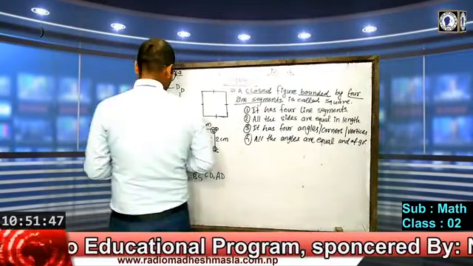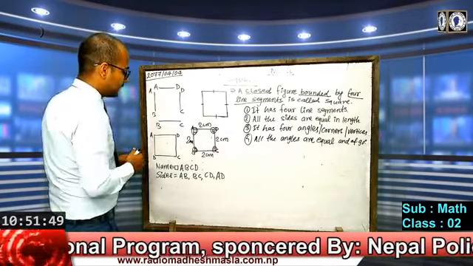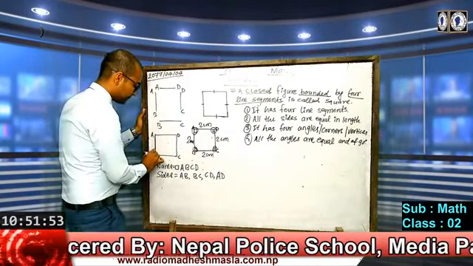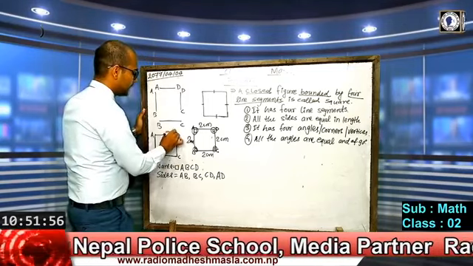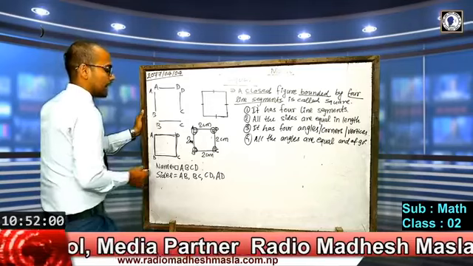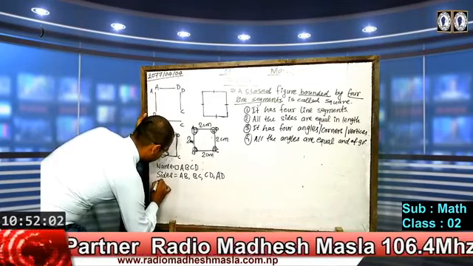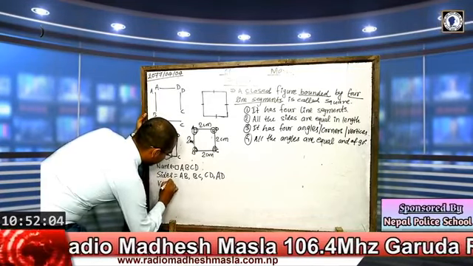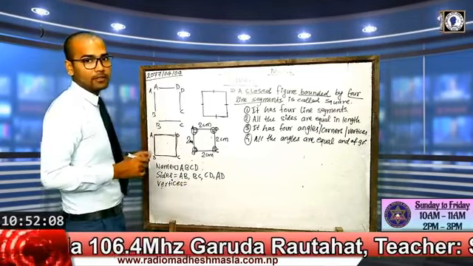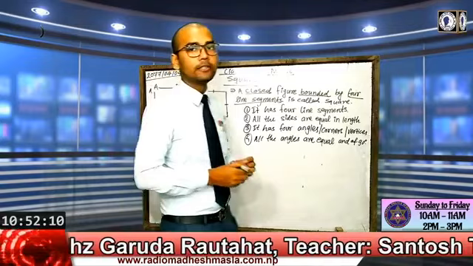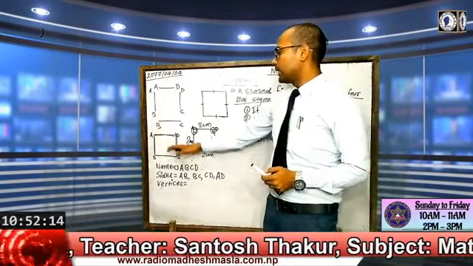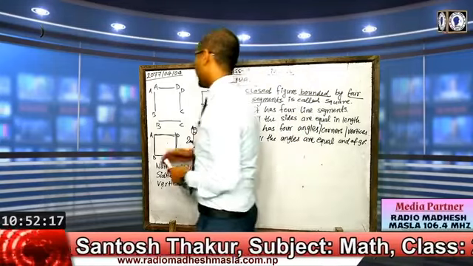Yes, in the same way, after writing these sides' names, AB, BC, CD, and AD, then we may have questions like this, vertices. Yes, friends, suppose the next question is vertices. That means we need to write the names of vertices used in the square.